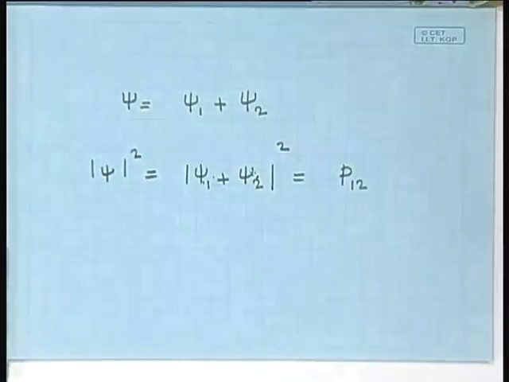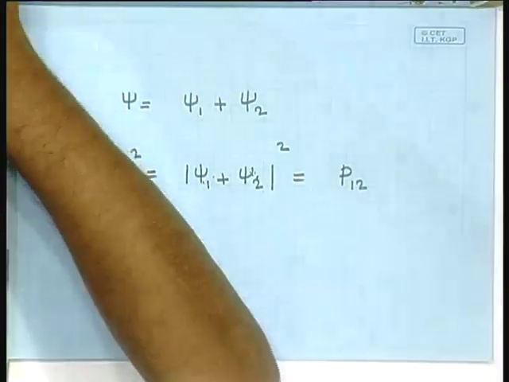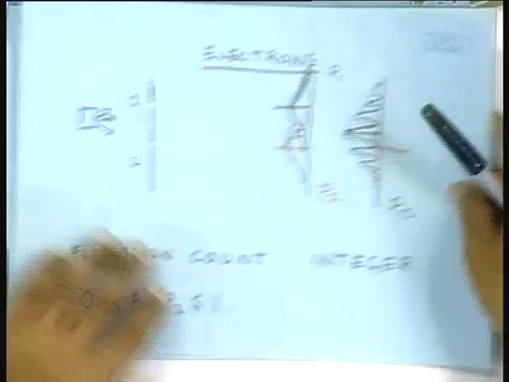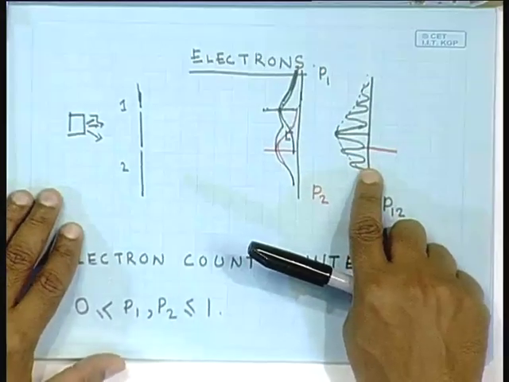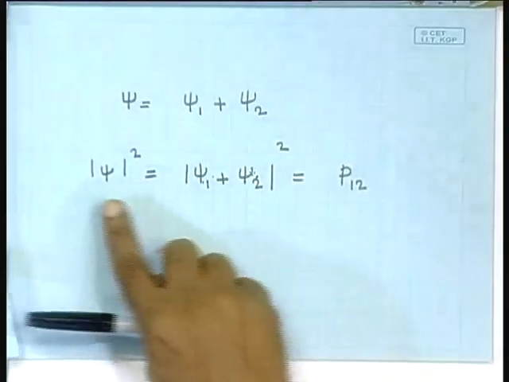So, when you want to calculate the probability of finding the particle at any point on the screen, of finding the electron at any point on the screen, it will be the square of this.